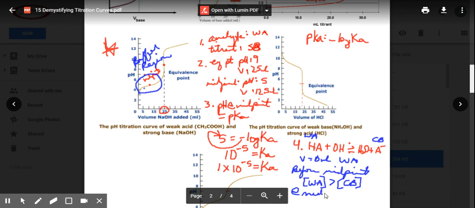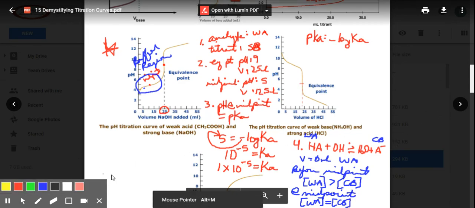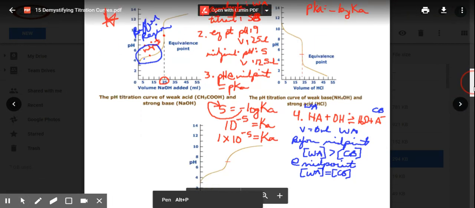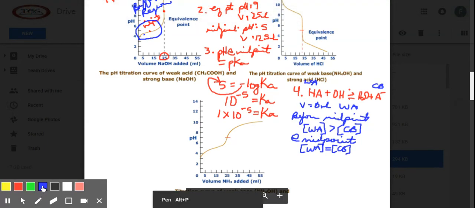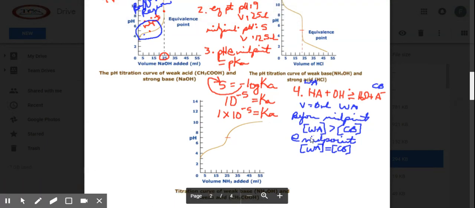At the midpoint, because you're making more and more of that conjugate base, your weak acid concentration is equal to your conjugate base concentration. And we will talk about that more specifically when we get to buffers, what that means. So before the midpoint, weak acid is greater than conjugate base. At the midpoint, weak acid is equal to conjugate base.